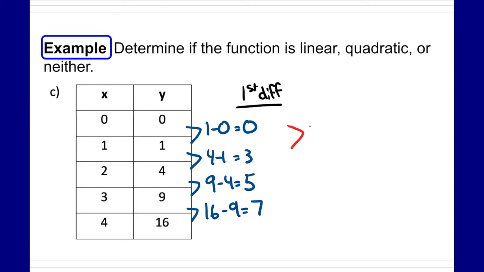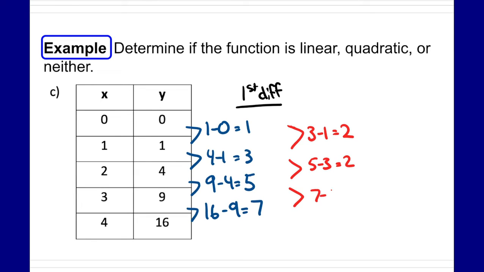1 minus 0 is not 0, it's 1. Go through, take your second differences. 3 minus 1 equals 2. Next one, 5 minus 3 equals 2.